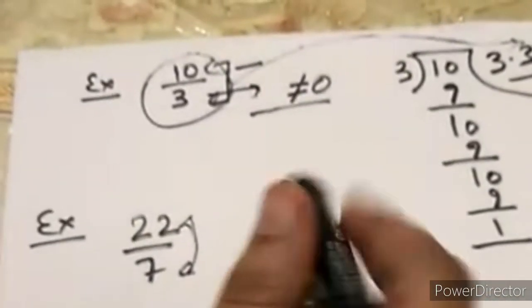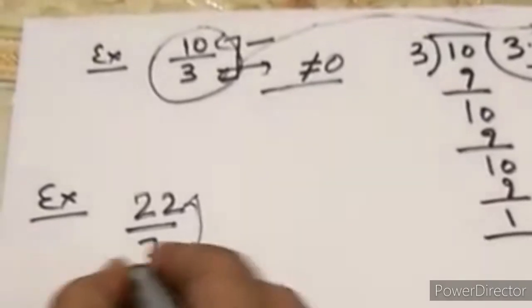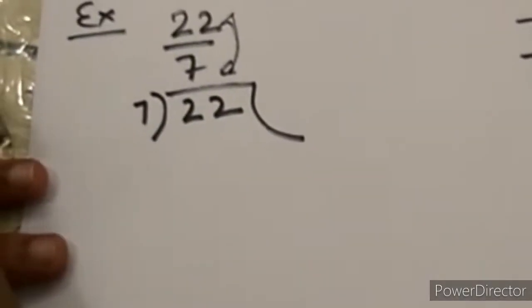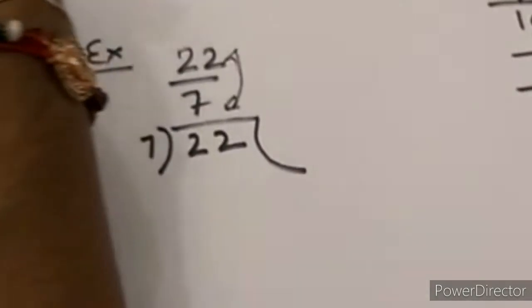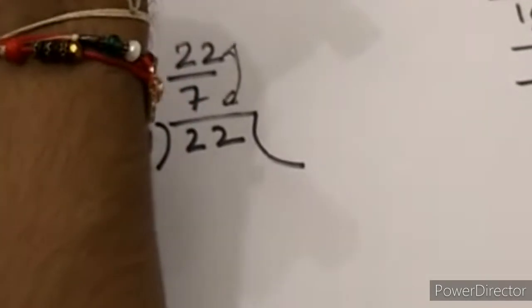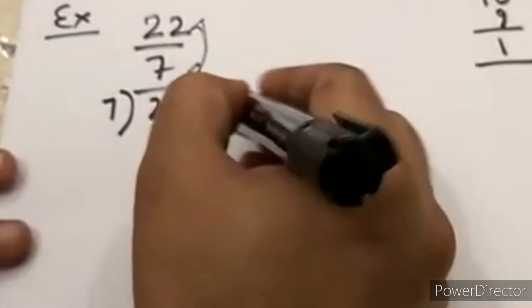So they can be rational. But we need to confirm by division. Means their decimal should be either terminating type, or if it is not terminating, then it should be recurrence type. So let us check.